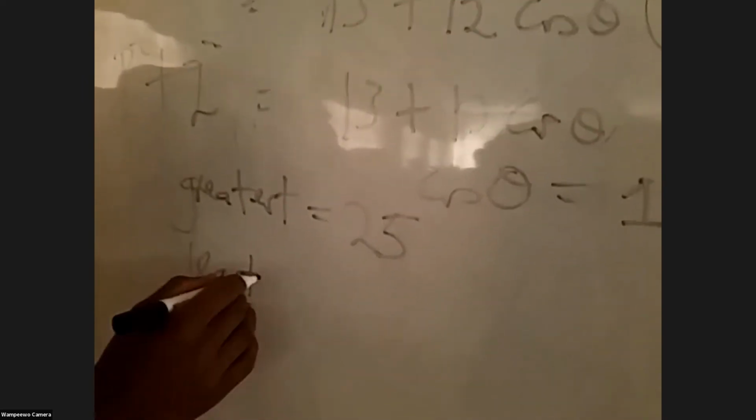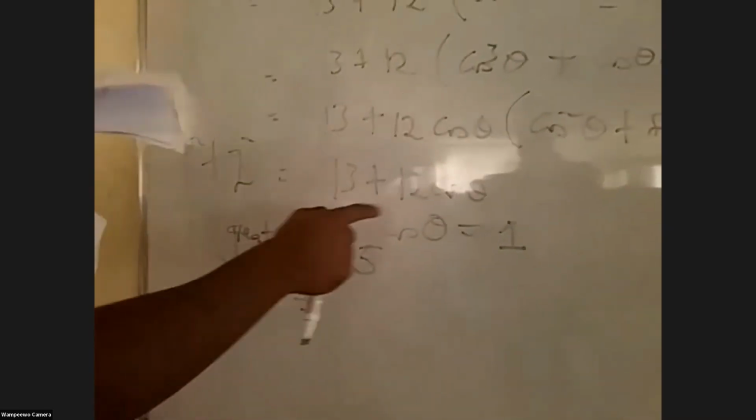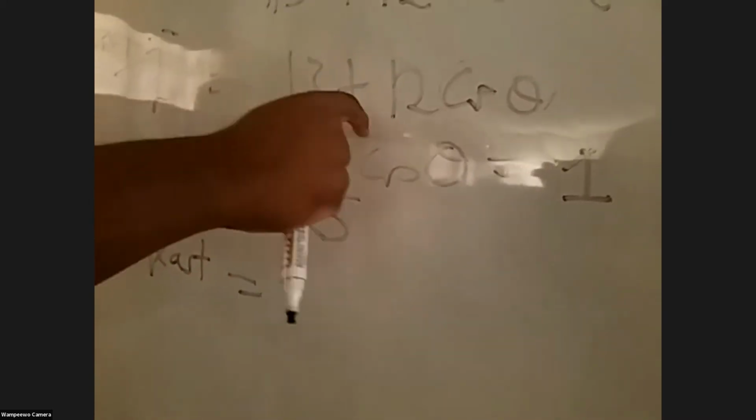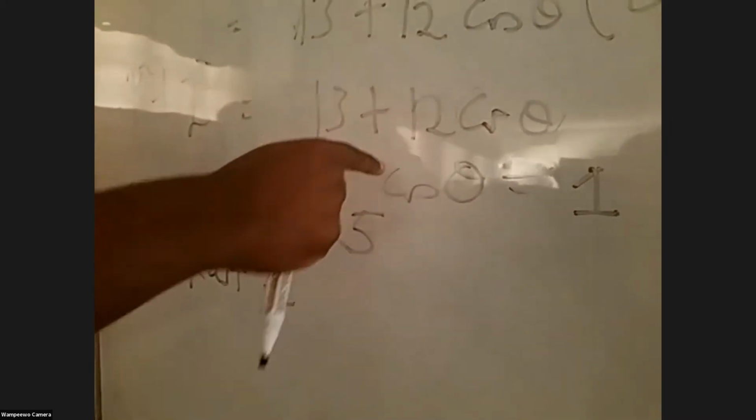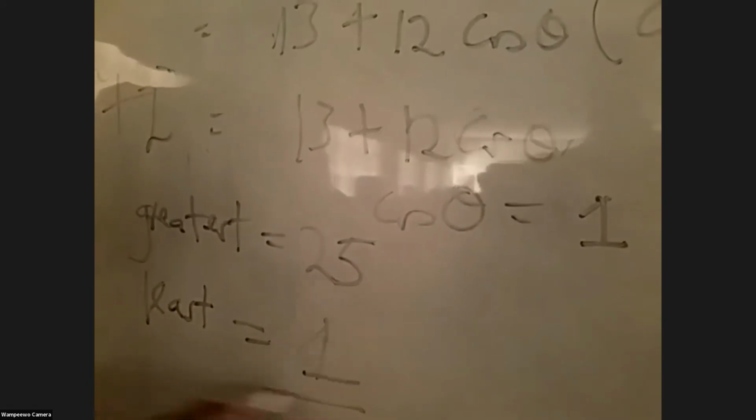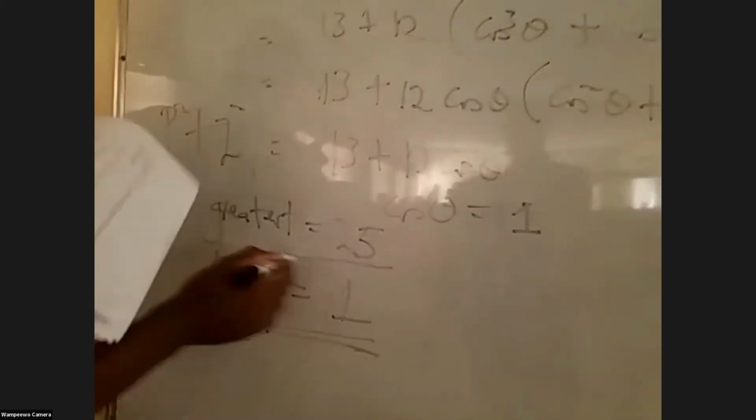And the least value will be for cos theta equal to -1. That means I'll have 13 minus 12, which is 1. Therefore the least value is 1 and the greatest is 25.